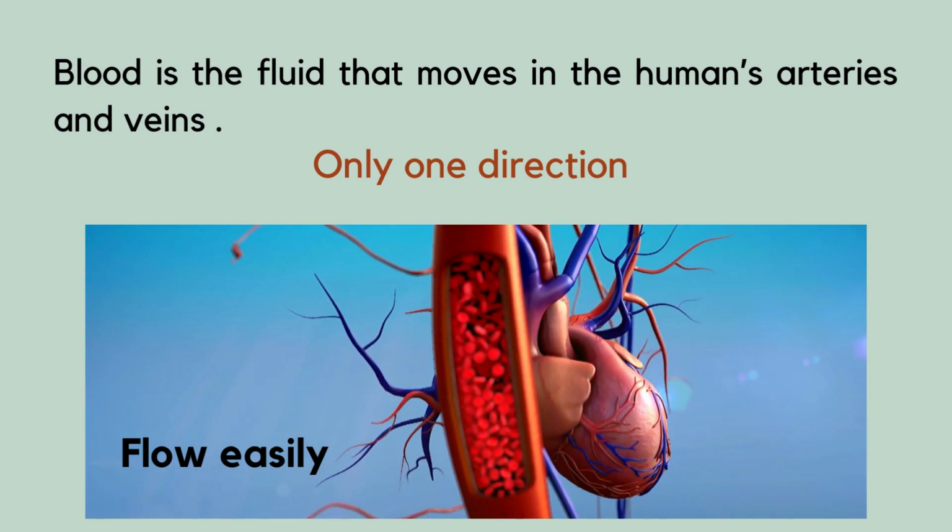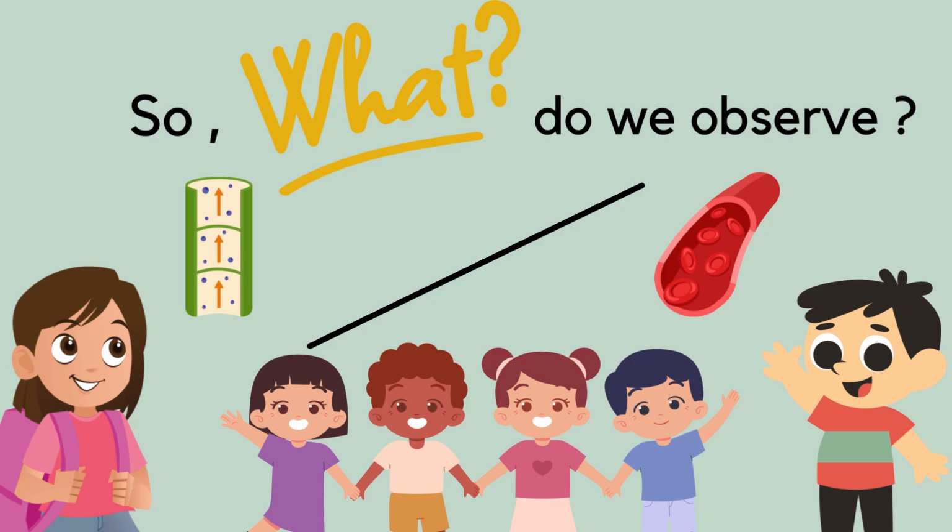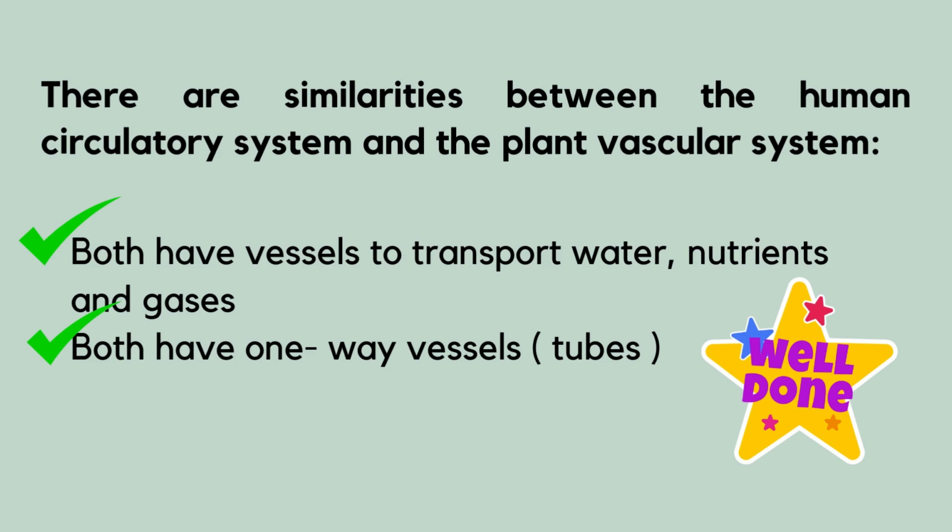So here we observe something in this information. So what do we observe here? In the plant transport system or plant vascular system and the human circulatory system, yes, there are similarities between the human circulatory system and the plant vascular system or transport system.